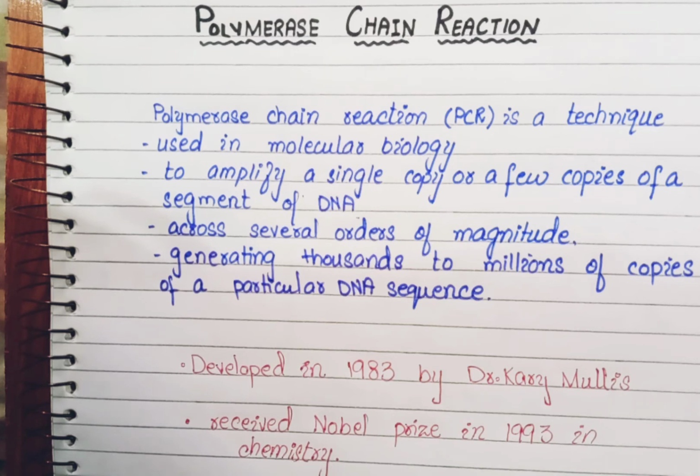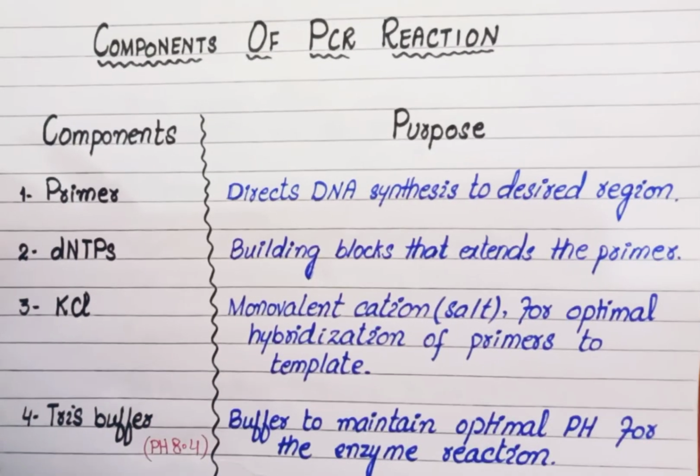Now let's move on. What are the basic components of polymerase chain reaction? Here we have some basic components of PCR. On the left we have the components and on the right we have the purposes of these components. So let's see. First we have primers. What is the purpose of primers? They direct the DNA synthesis to the desired region.